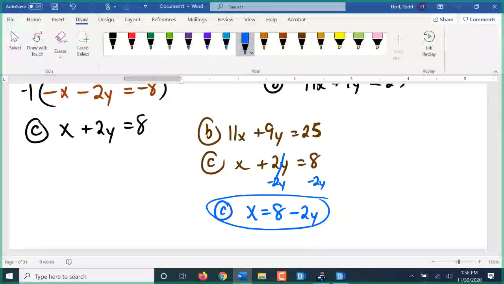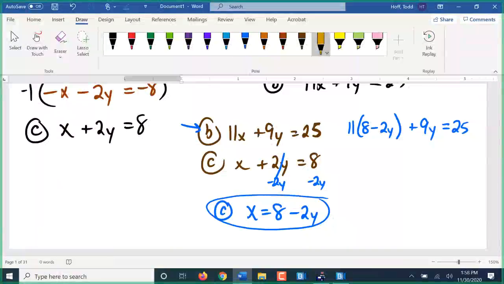I have to put that back into equation B. So 11x becomes 11 times 8 minus 2y plus 9y equals 25. So again, I got parentheses here, nothing I can combine inside, so I'm going to multiply by the 11. 11 times 8 is 88. 11 times negative 2y is a negative 22y.